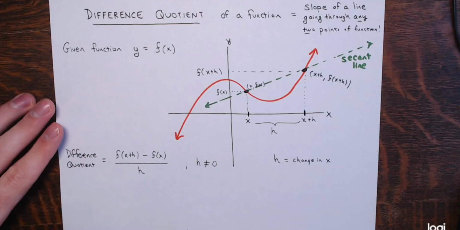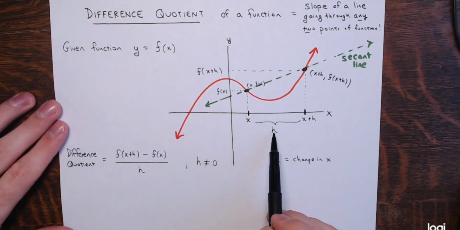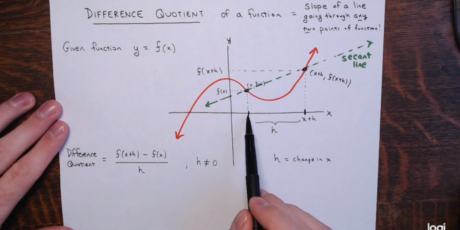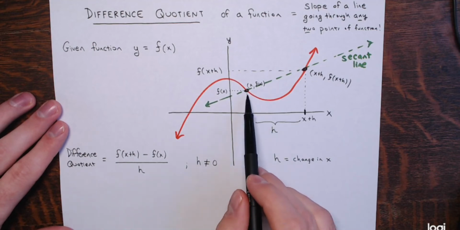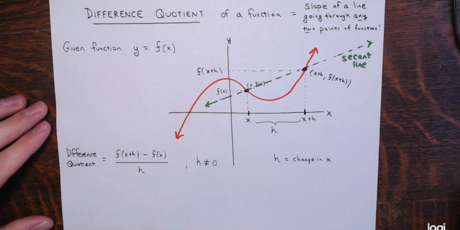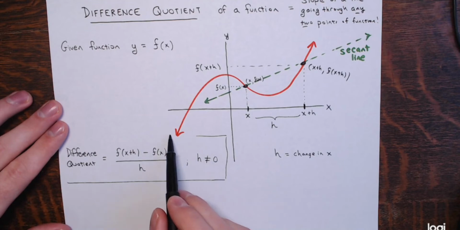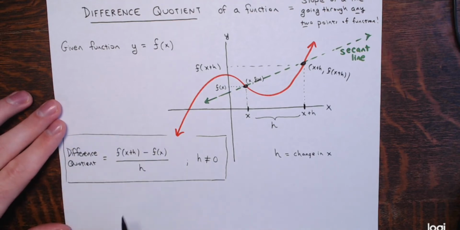And hopefully that makes sense too, because if h were 0, if this change in x were nothing, there'd be one point and then only that point. You wouldn't be able to form a line. Okay. So this right here, what I'm putting in the box, is called the difference quotient of f.